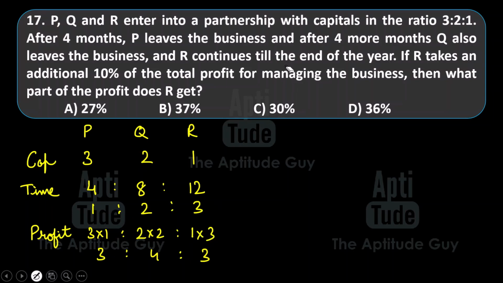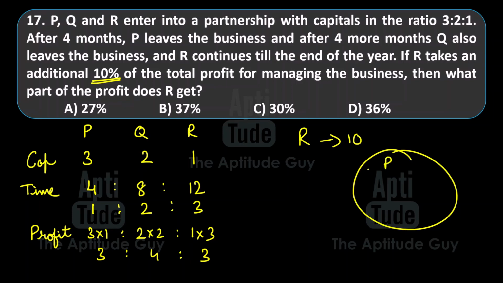Okay. Now the question says if R takes an additional 10% of the total profit for managing the business, that means whatever profit is there, R takes 10% already. Suppose this whole thing is the profit. R already takes 10% of it.